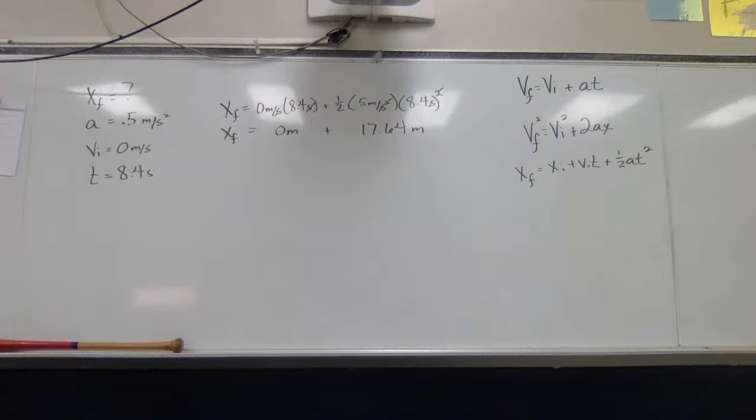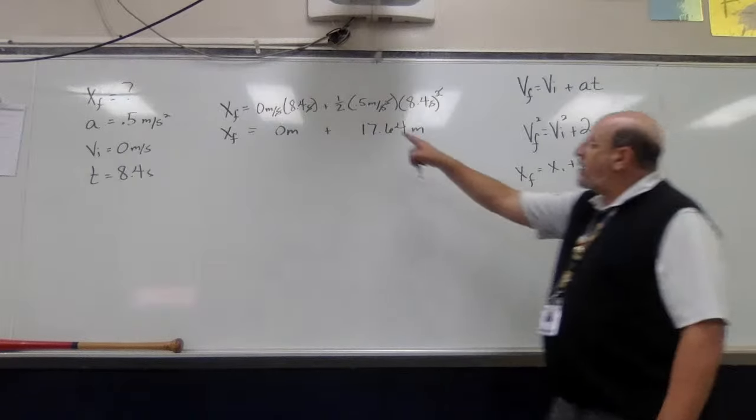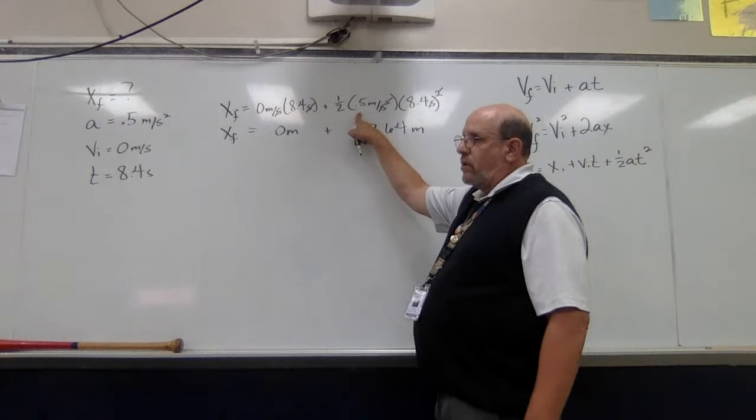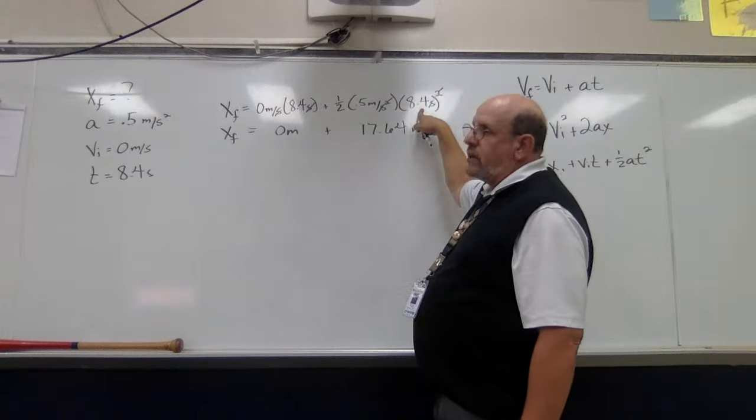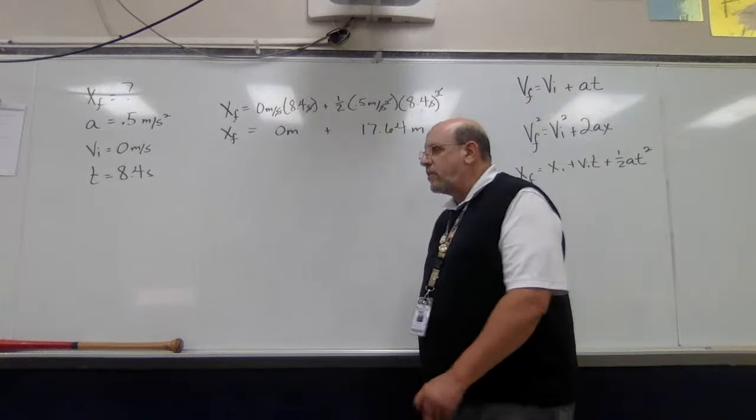Good? So is the answer 17.64? How did you get that? 1/2 times 1/2 is 1/4. 1/4 times 8.4 squared gives me 17.64.